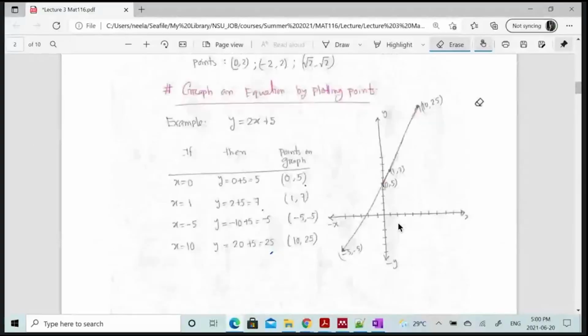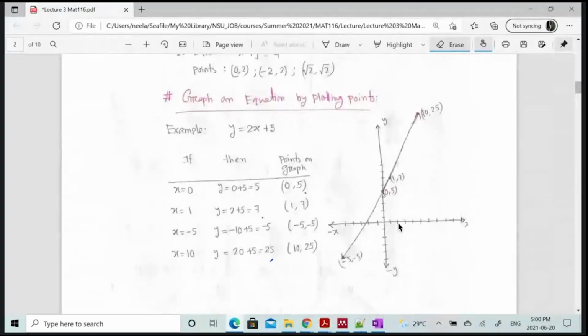But say for example, for this problem, if I say that x is in between minus 5 and 10, meaning the value of x must be between minus 5 and 10, in that case I'm limiting the domain, right? So you don't need to put the arrow sign there. You just fill the circle, fill the point.